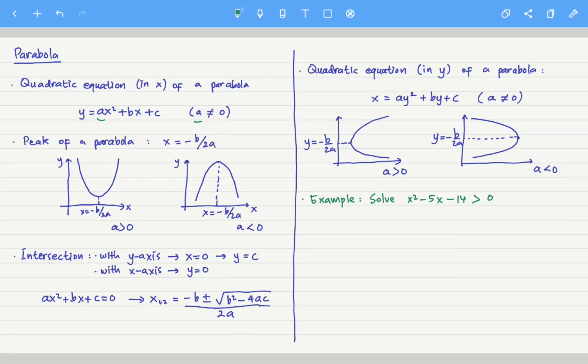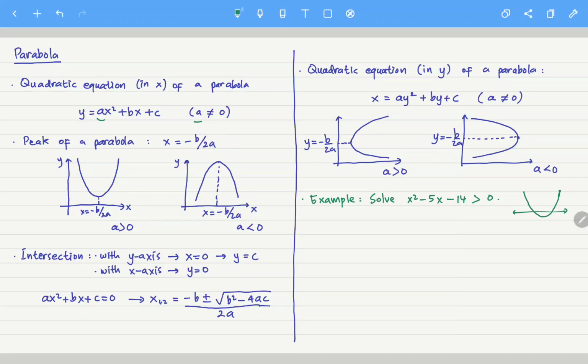To solve this, for example, if this is the x-axis, let's say this is the parabola.